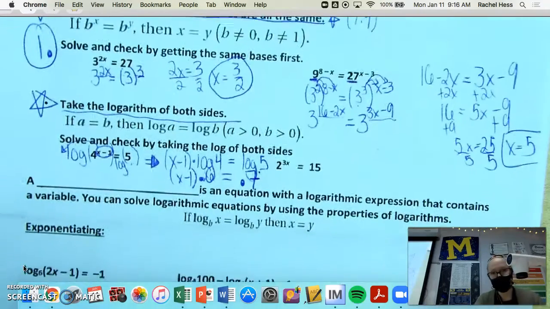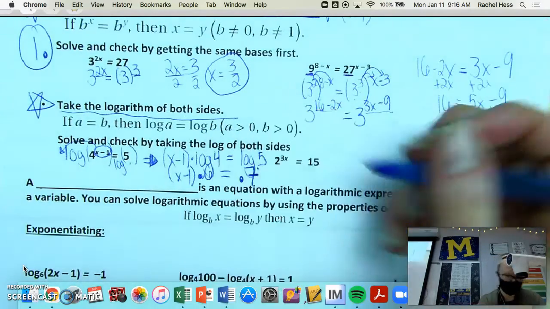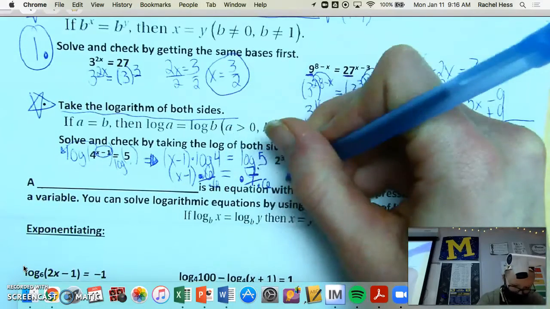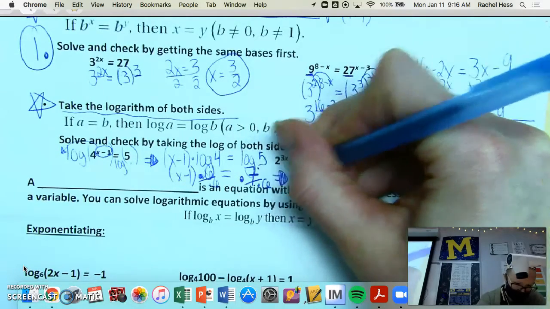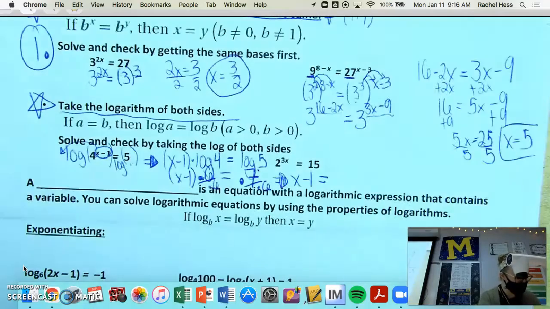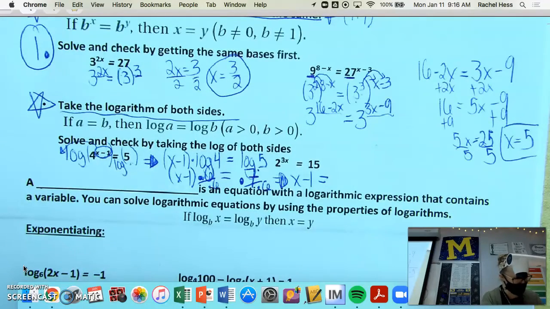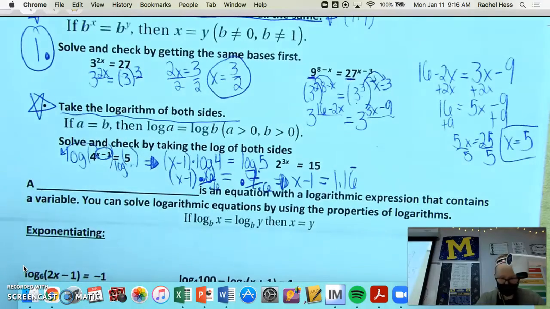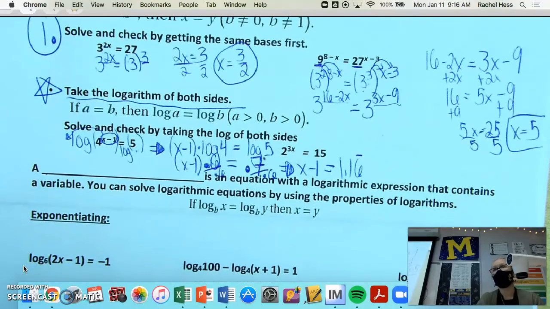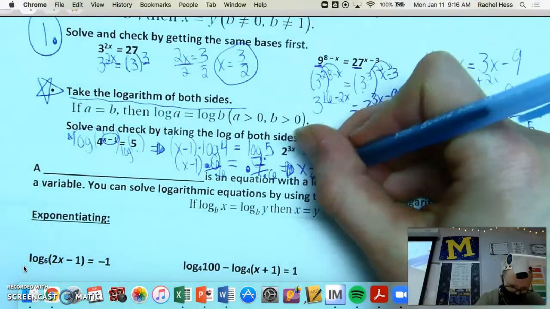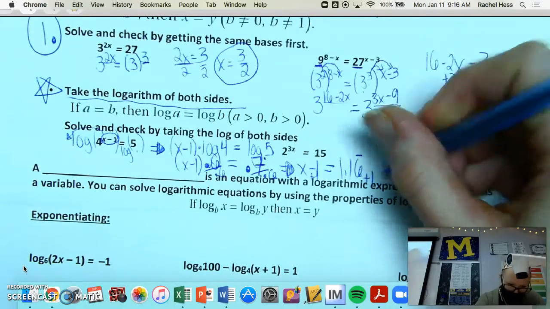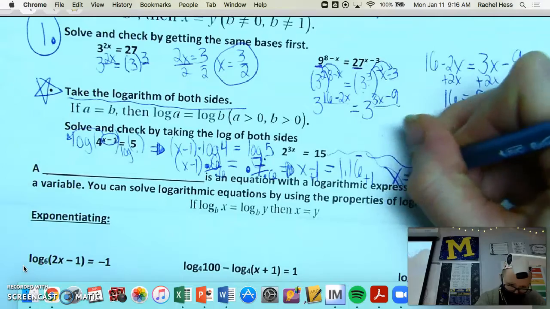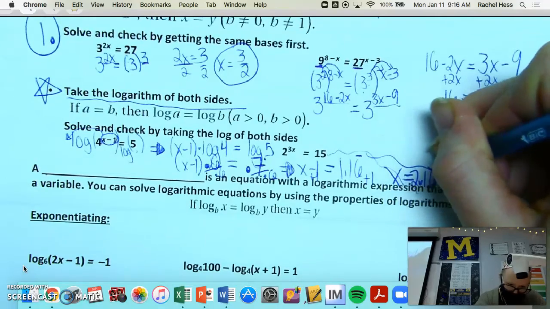And then to solve this, I could either distribute the 0.6, but personally I would divide by 0.6. And that will give me x minus 1 is equal to 0.7 divided by 0.6, which is 1.16 repeated. Right? And then I'm going to add 1 to both sides to get x equals 2.16 repeated.